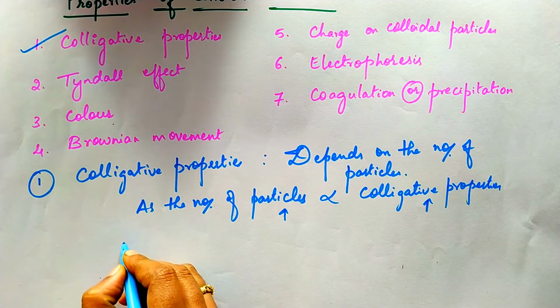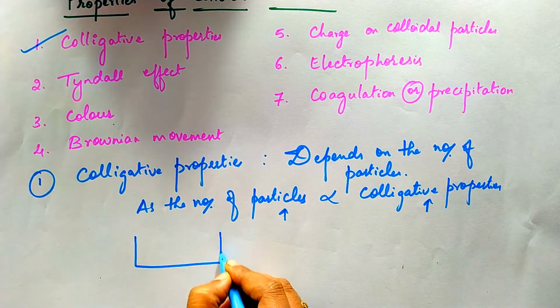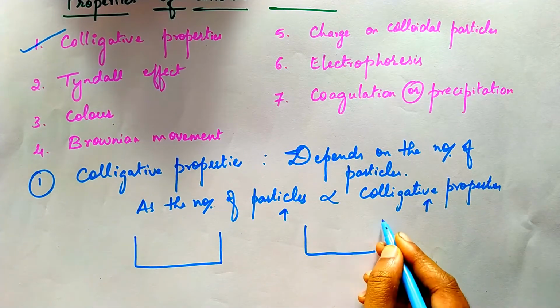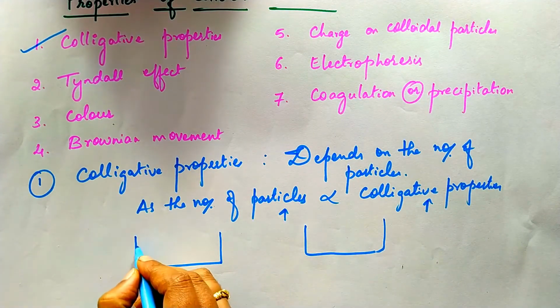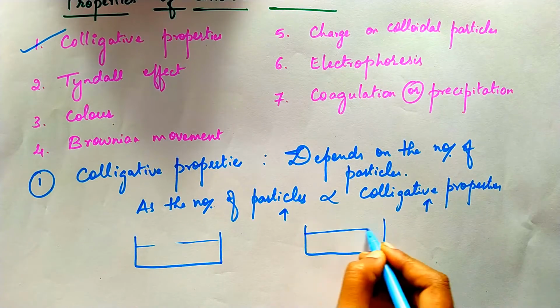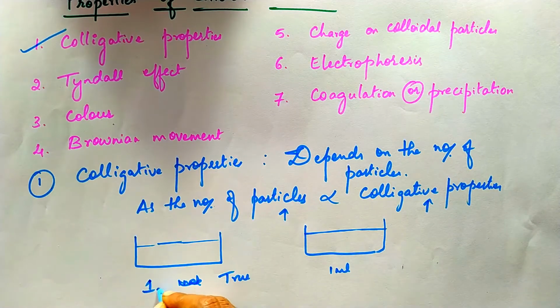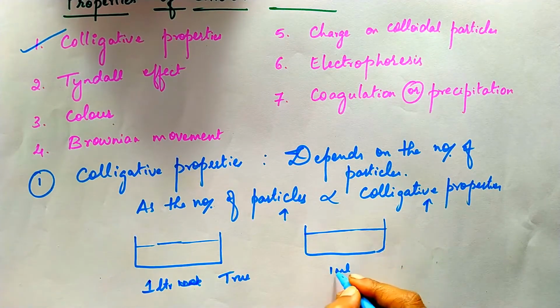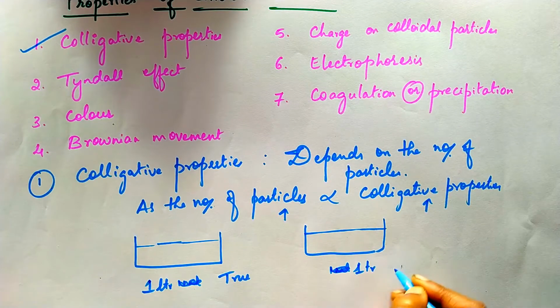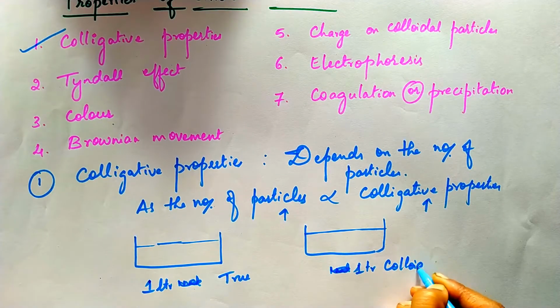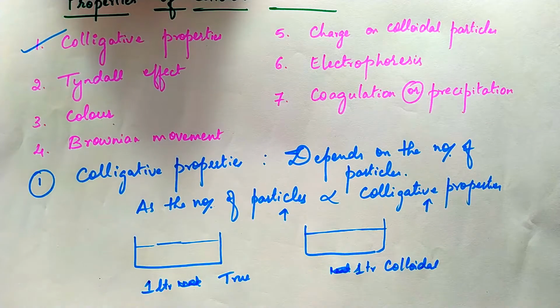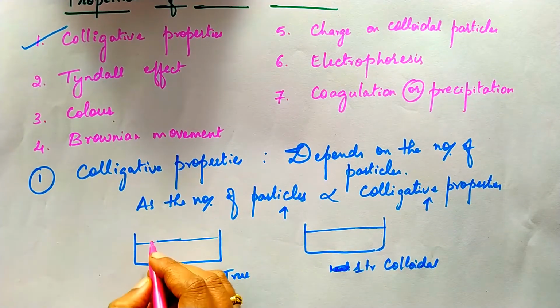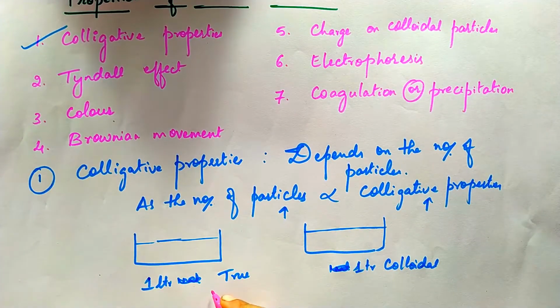I am taking here a true solution in a beaker and also a colloidal solution of the same volume, 1 liter of true solution and 1 liter of colloidal solution. The molecule size in a true solution is less than 1 nanometer.